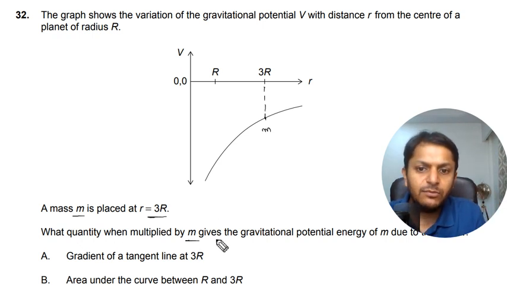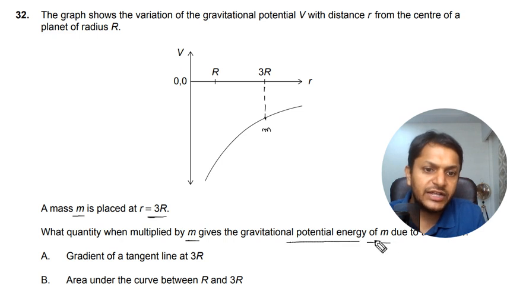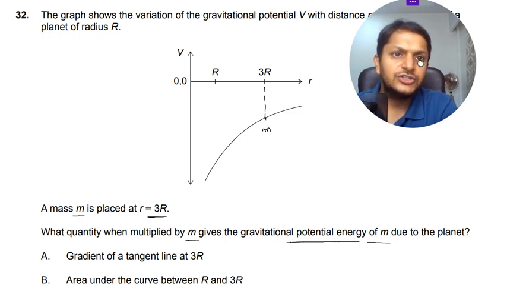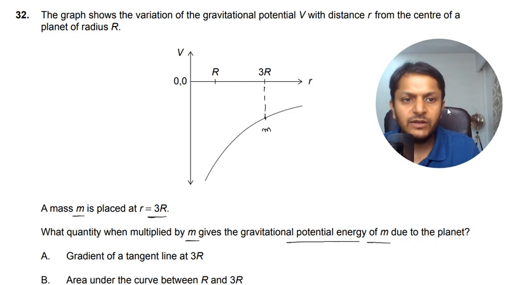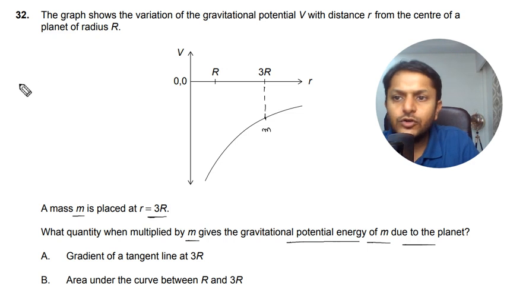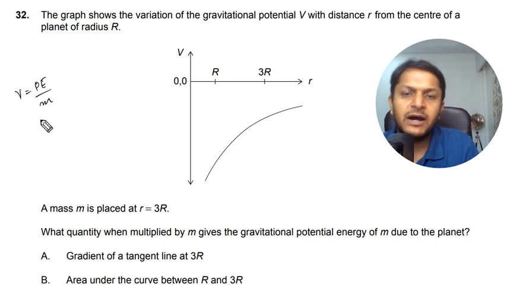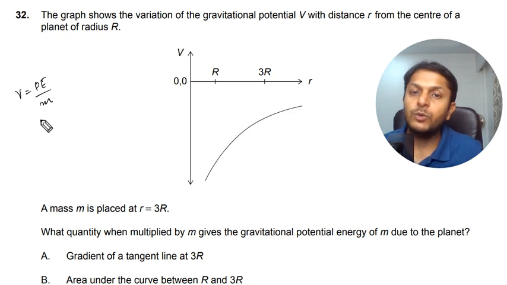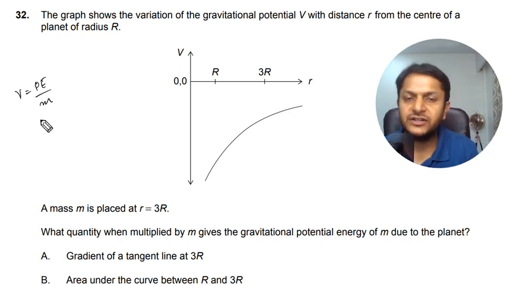What quantity, when multiplied by m, gives the gravitational potential energy of m due to the planet? We have to find the potential energy due to the planet. Clearly we know that the potential is given as potential energy divided by the mass m. As I told you, it is per unit mass, like the mass was supposed to be 1 kg, or you can say it is the total potential energy of the system per unit mass of the test mass.